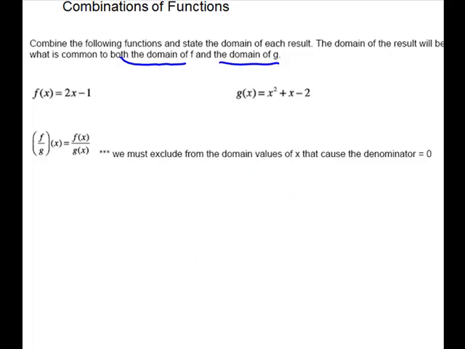So next we'll do our division of the functions, and we do have a note to exclude from the domain values of x that cause the denominator to be equal to 0. So we'll just write it vertically. And we could try to factor.